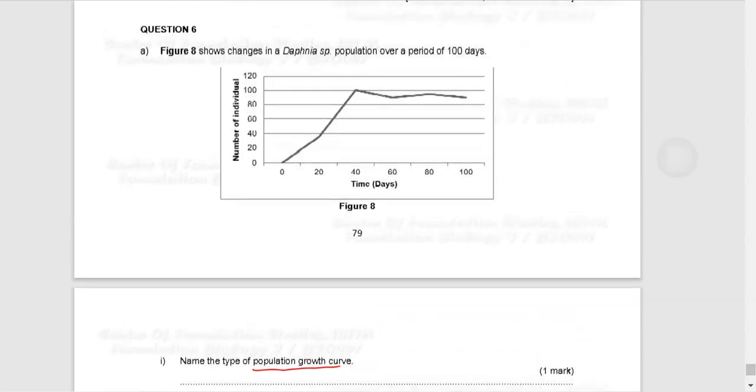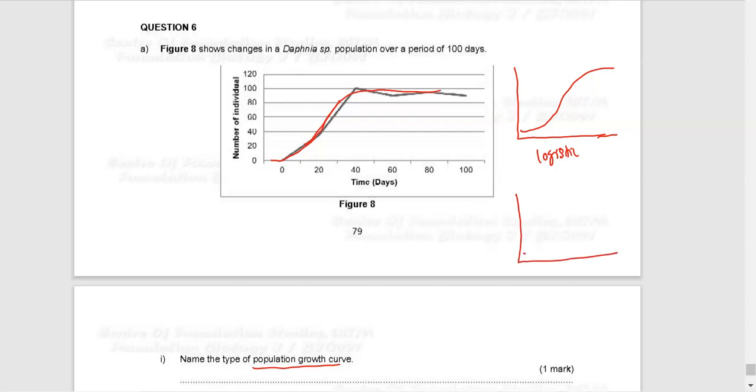If you look at this diagram, basically it has an S-shaped curve. There are two types of curve: S-shaped, this is the logistic curve, and the other one is the exponential curve, which shows a J-shaped curve.